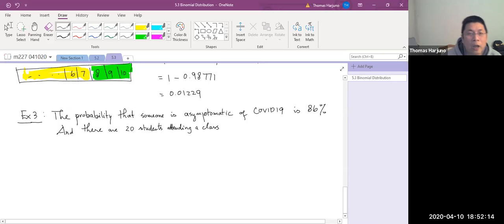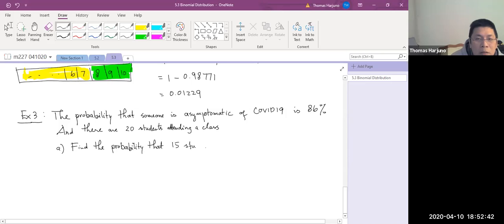And we are interested in finding the probability that, let's say, 15 students are COVID positive.